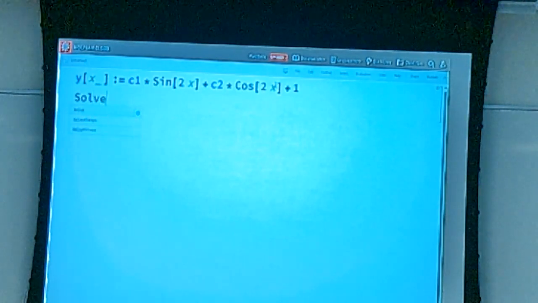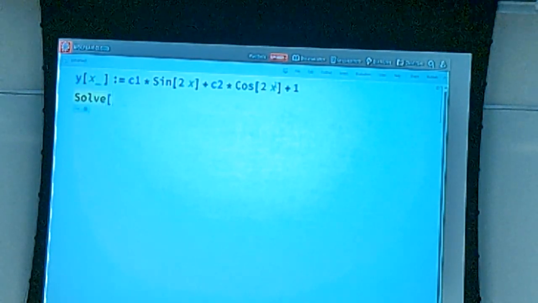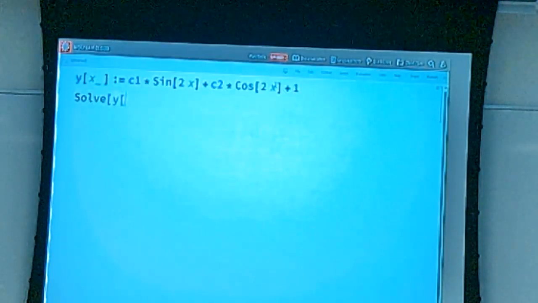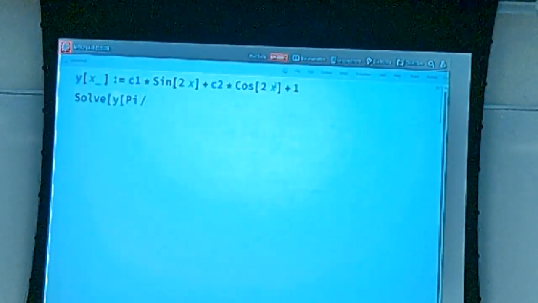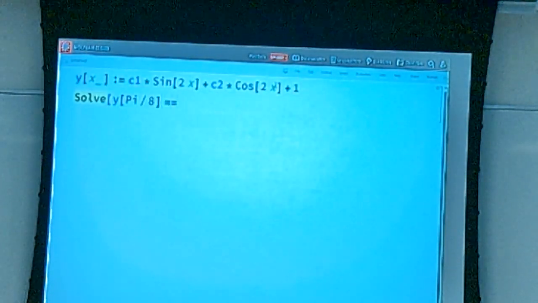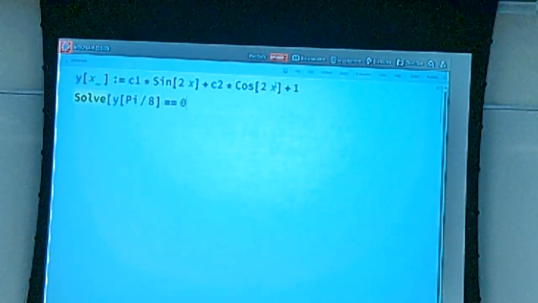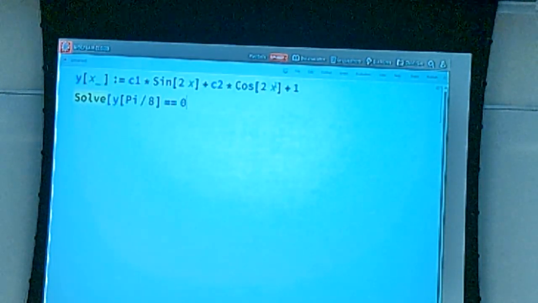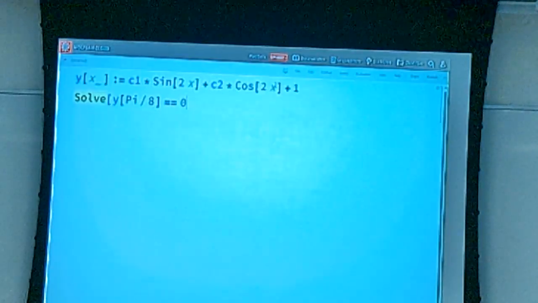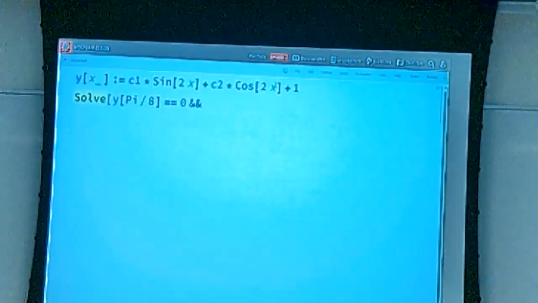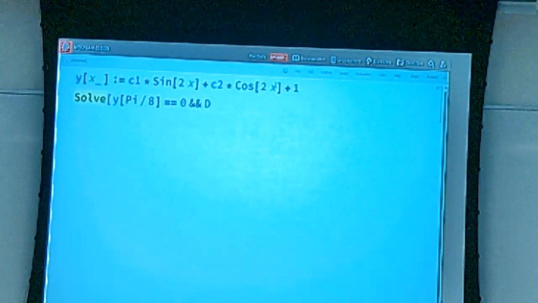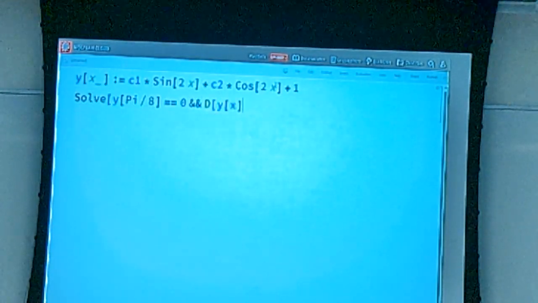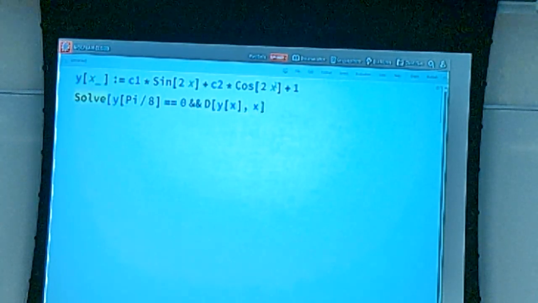Now I solve. Y at pi over 8 equals 0. I use the double equals here. I think it's a double ampersand. The derivative y of x with respect to x.